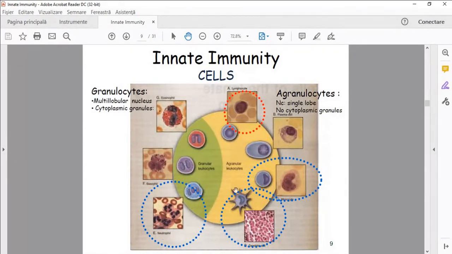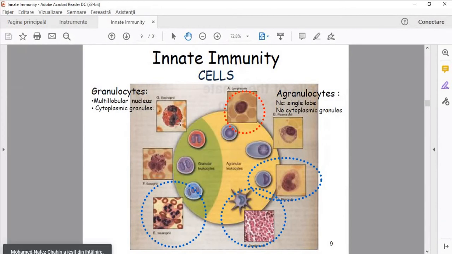The granulocytes have the following general characteristics. They have multilobate nuclei, and their cytoplasm contains numerous granules, which can be stained with different dyes.